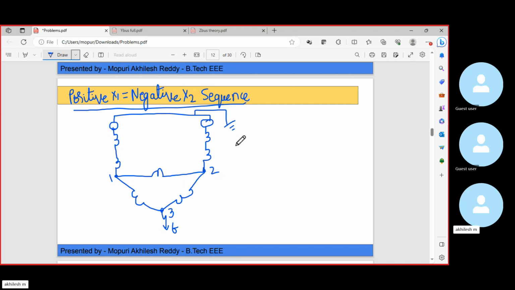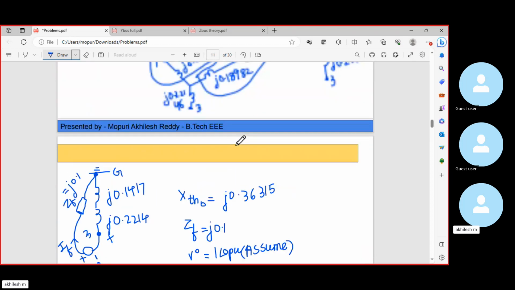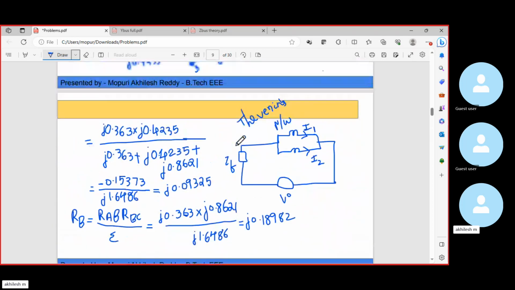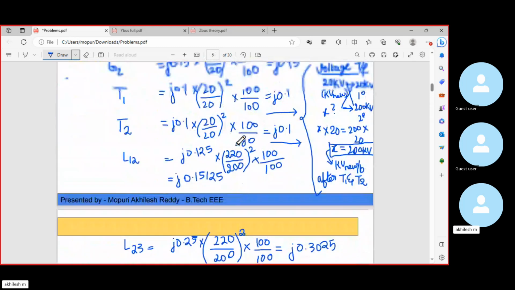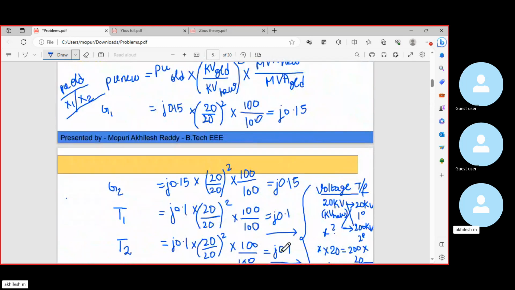Now we are going to take the values of positive and negative sequence: 0.15, 0.15, 0.1, 0.1.